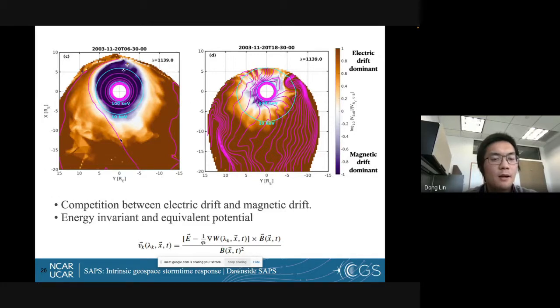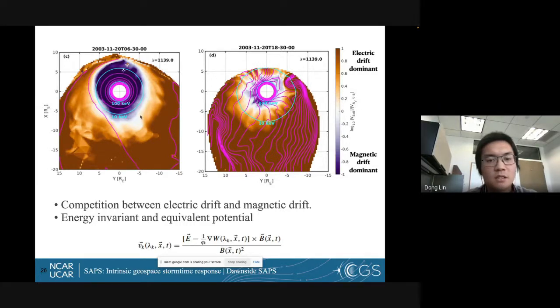And also as the particles get closer to the Earth, their kinetic energy increases. So this plot shows the ratio between the two drifts, the electric drift and the magnetic drift speeds, and then I converted it into a log scale.